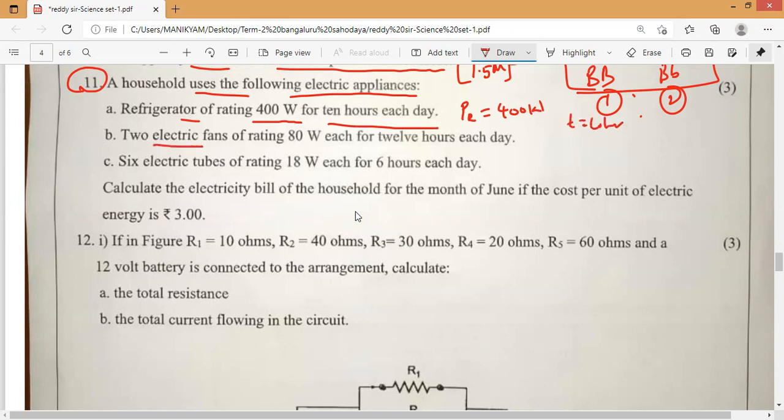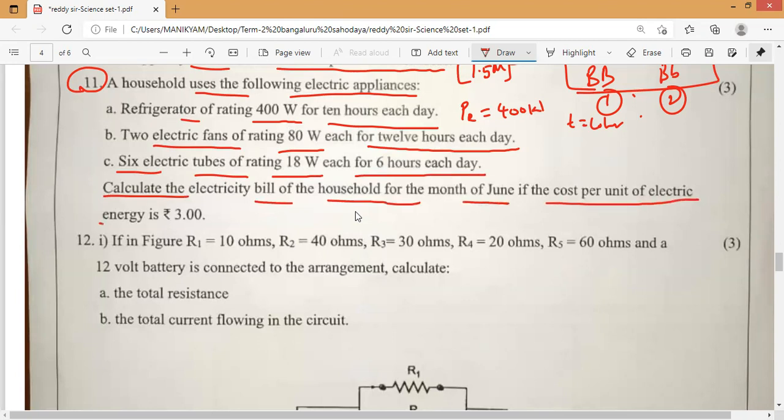Next, 2 electric fans of rating 80 watt, each for 12 hours each day. Next, 6 electric tubes of rating 18 watts, each for 6 hours per day. Now, calculate the electric bill of the household for the month of June if the cost per unit of energy is 3 rupees.